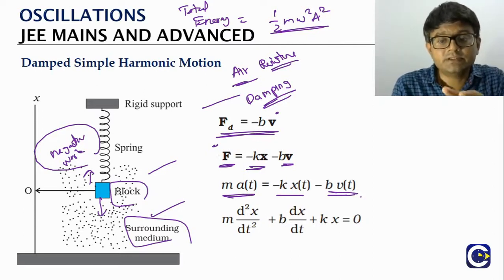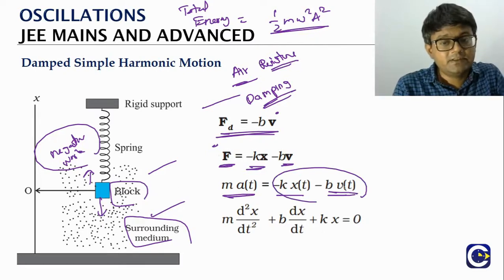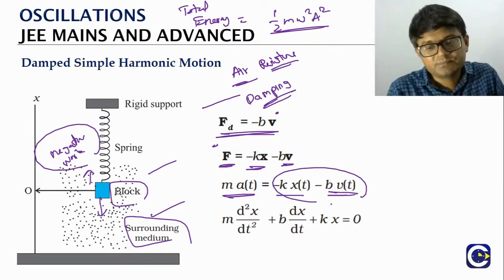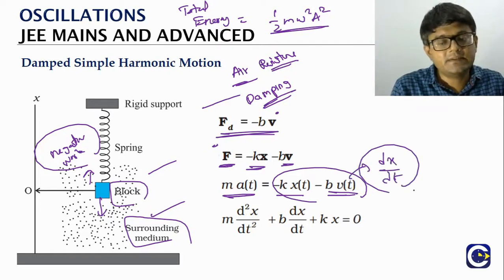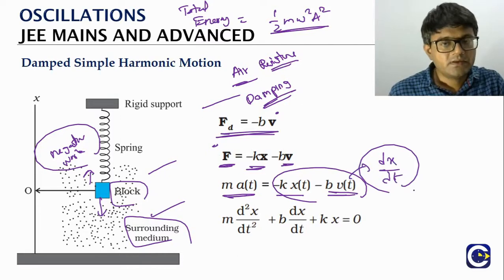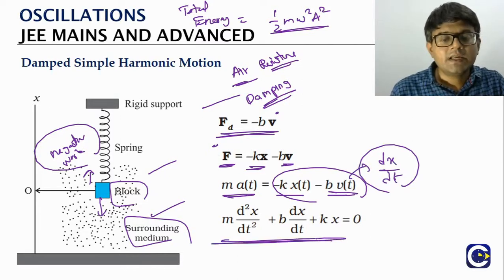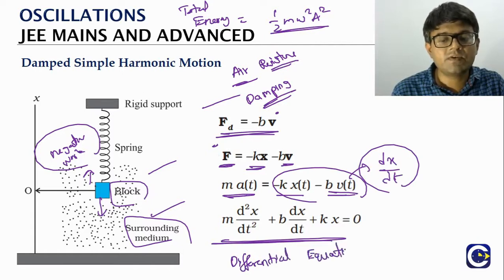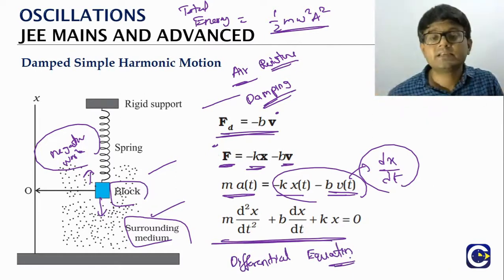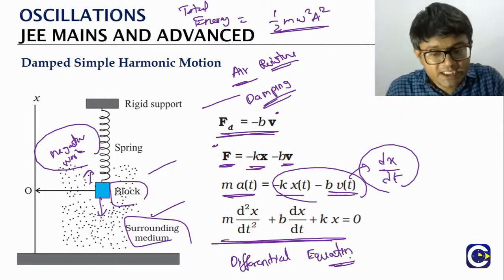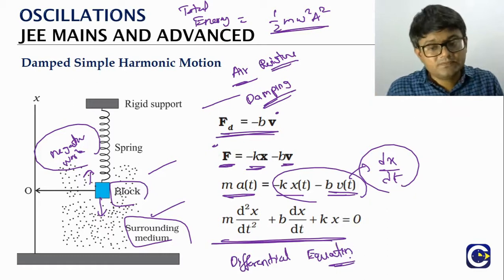We bring both these terms to the left side, and the negative terms become positive. v can be written as dx by dt, the derivative of the position. So these types of equations we call differential equations. The differential equation that we get here is m into d square x by dt square plus b into dx by dt plus kx is equal to 0.